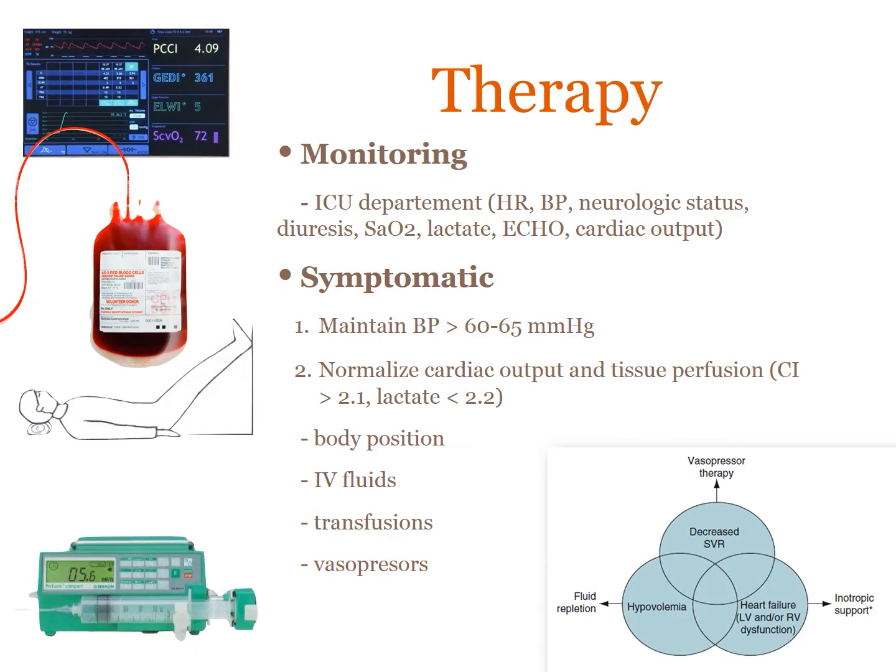Early, adequate hemodynamic support of patients in shock is crucial to prevent worsening organ dysfunction and failure. Resuscitation should be started even while investigation of the cause is ongoing. The diagnosis can be refined with point-of-care echocardiographic evaluation.